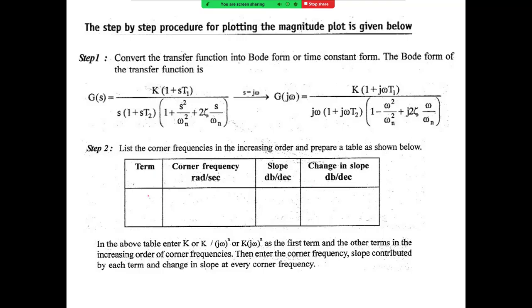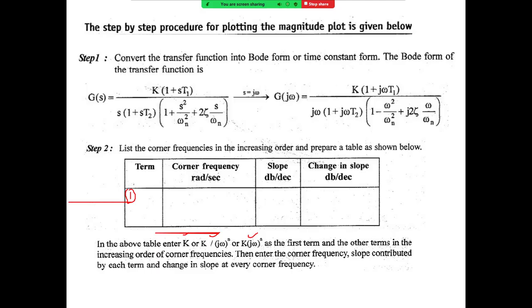Here, initially, we need to remember this point. The first product term is always either a constant term, an integral term, or a derivative term only. First order and second order terms do not decide the magnitude at the initial frequencies, because in the low frequency region the magnitude is 0 decibels.